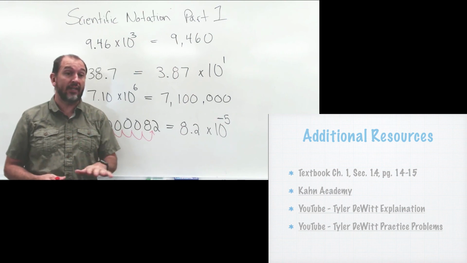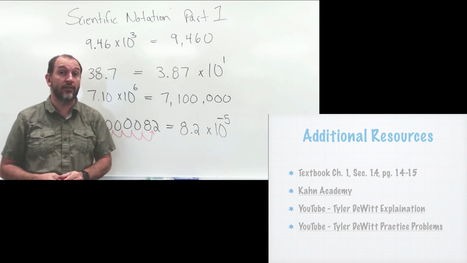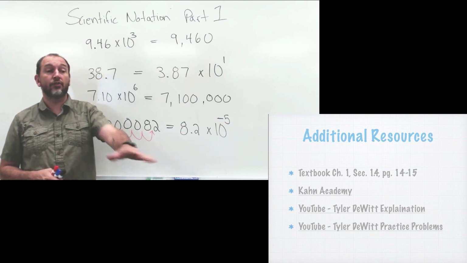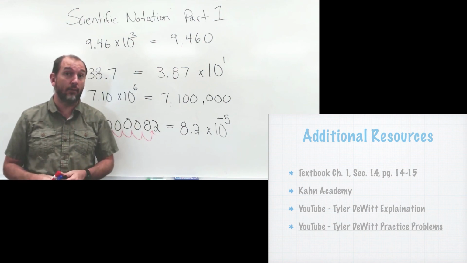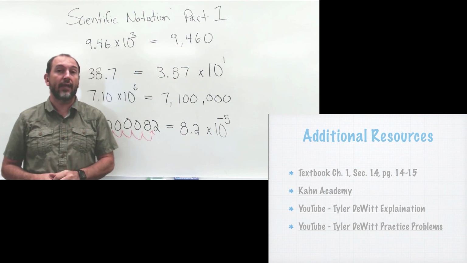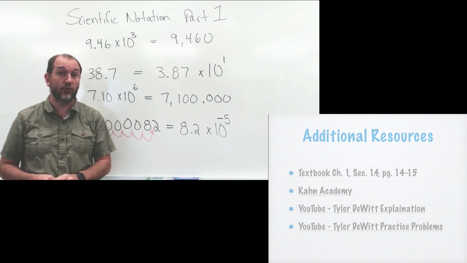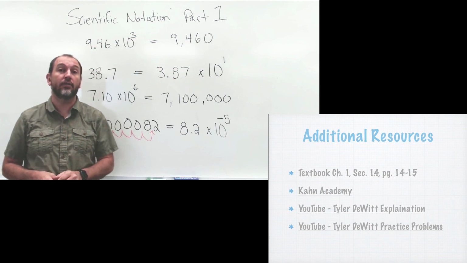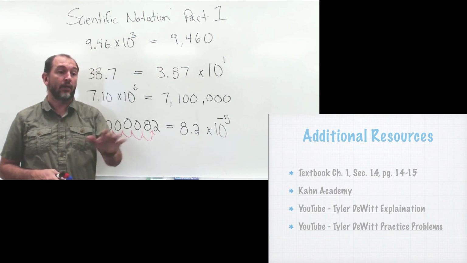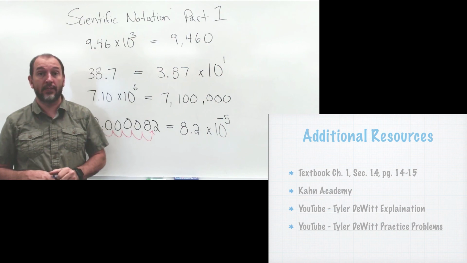Otherwise, just go to the Khan Academy and search for scientific notation. Finally, there's a couple really good YouTube videos, both with explanations and practice problems. So Tyler DeWitt has a great series on lots of basic chemistry principles. Go to YouTube, you can search for Tyler DeWitt Scientific Notation, again, or click on those links if you download the PDFs.